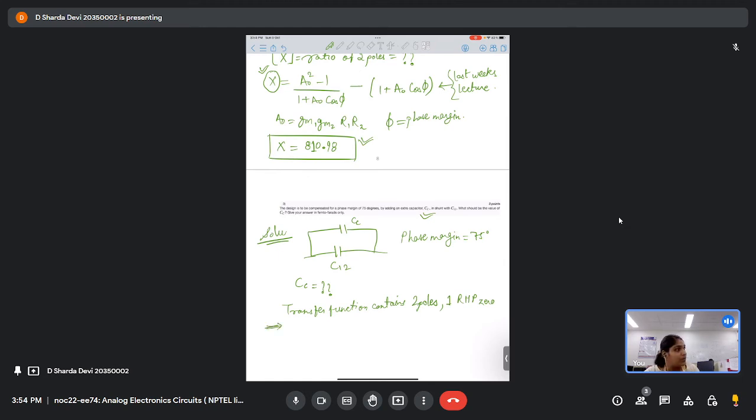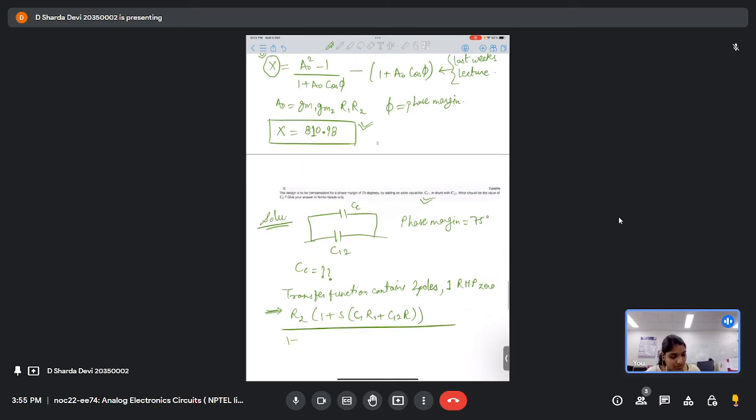The output impedance is given by R2 (1 plus s C1 R1 plus C12 R1 ...). It's a big expression. You can solve this.